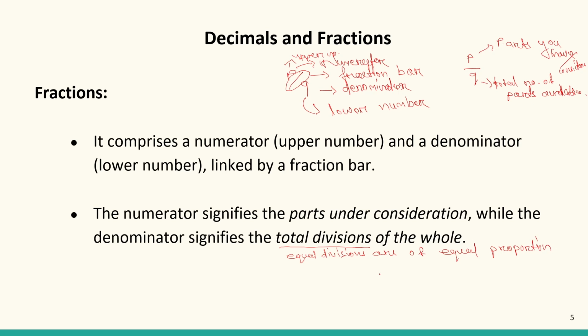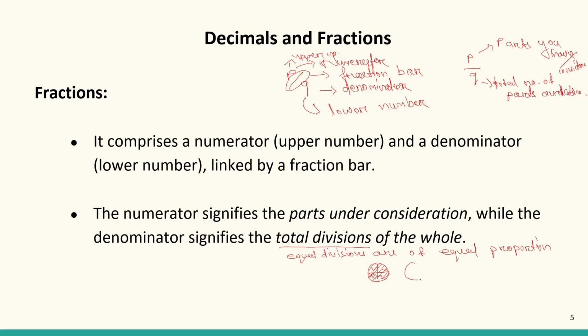What do you mean by that? For that pizza example, let's say I have a pizza and I have divided it into four equal parts. This part, this part, this part, this part. These are all equal. One, two, three, four. All these parts are actually equal.